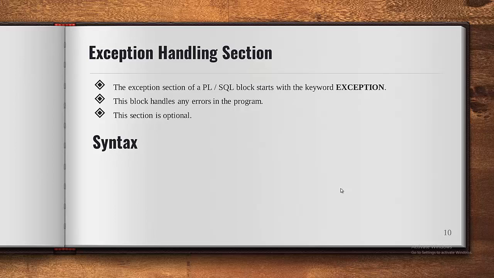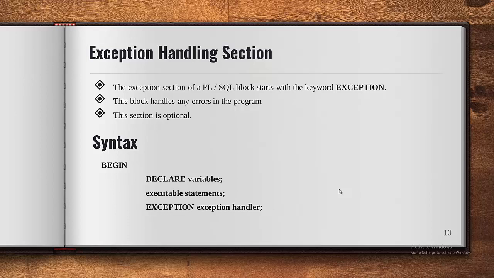The syntax of writing a PLSQL program starts with the declare keyword, where we declare the variables, and after that the executable statements. Whatever we want to execute will be written in the executable statements. The third one is the exception handler. In the beginning we will not be seeing anything about the exception handler.